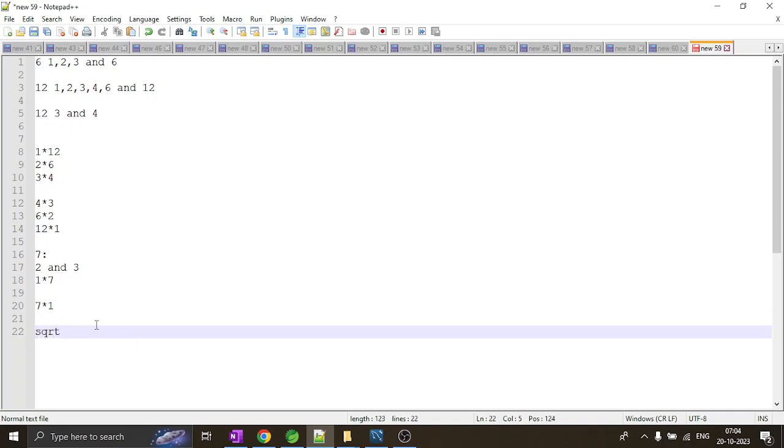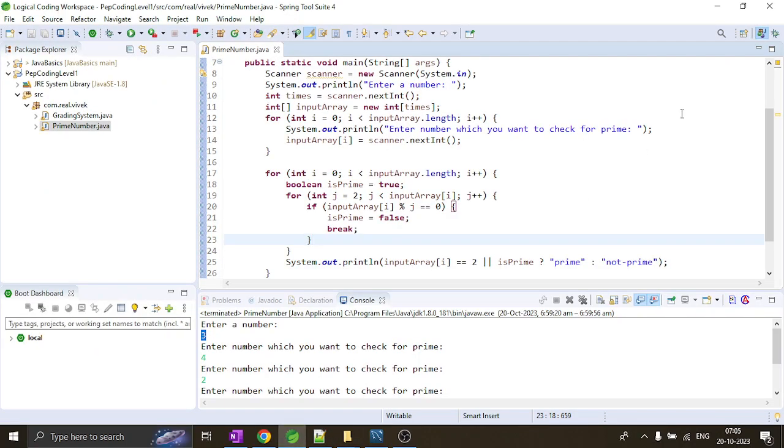We'll iterate till the square root of the number, let's say num, and check if there is any number which divides the number. We'll follow the same approach. We'll start our iteration from 2. The only difference here is that we will be iterating till the square root of the number, because if there are any factors of that number, they will appear before or on the square root of the number. So that is the logic that we'll be following here for a more optimized approach.